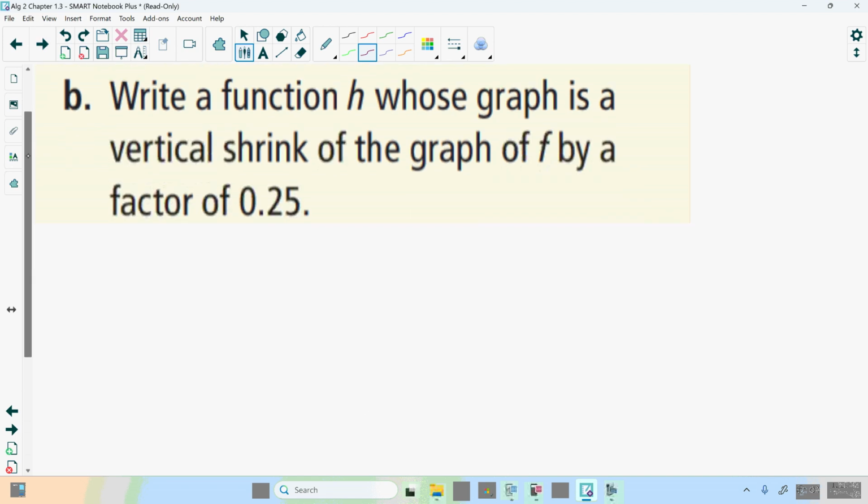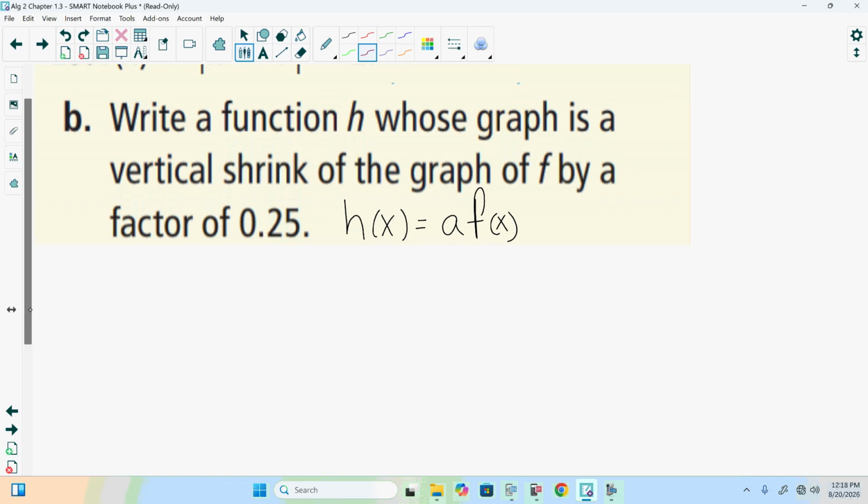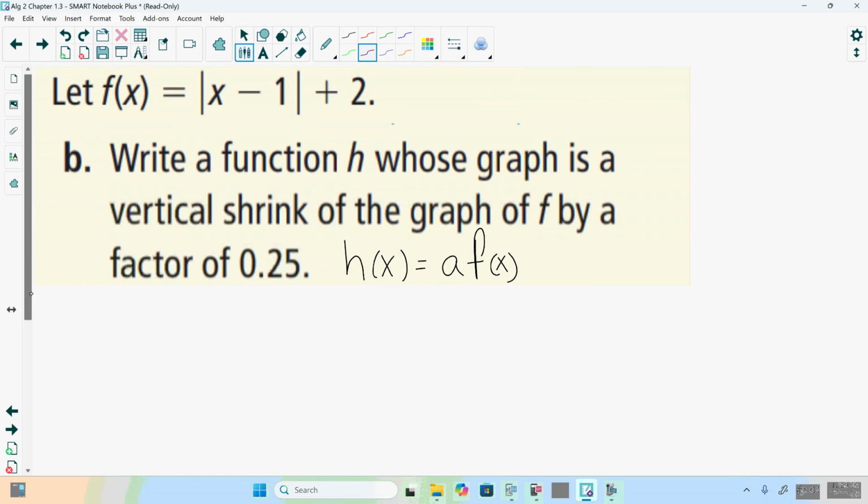Let's look at one more, a vertical stretch by a factor of 0.25. So for this one here, we're going to use a times f of x.